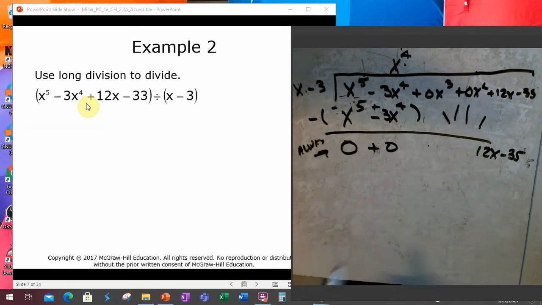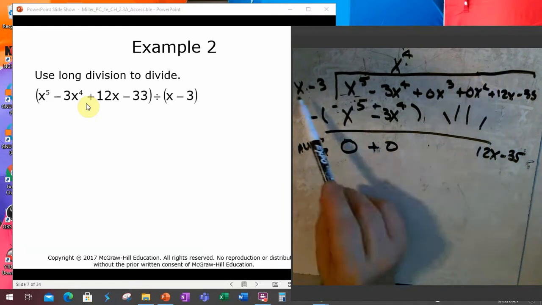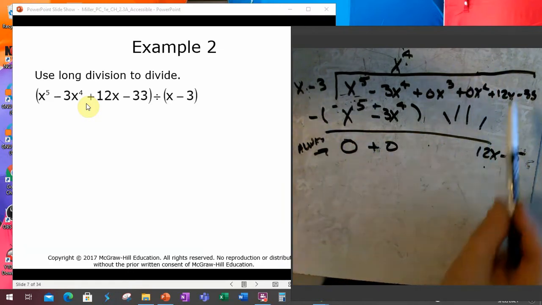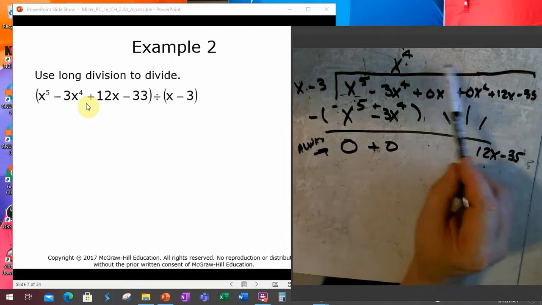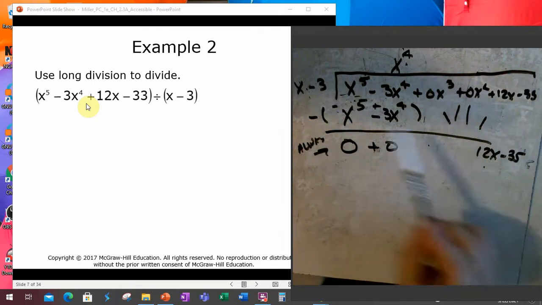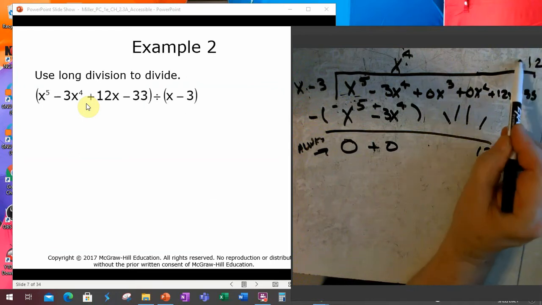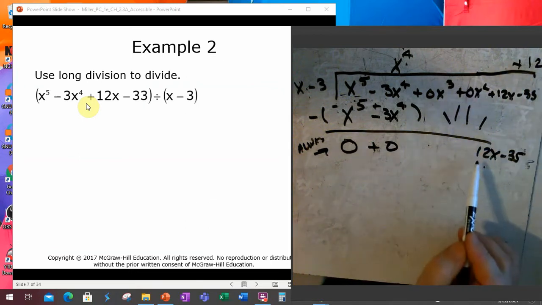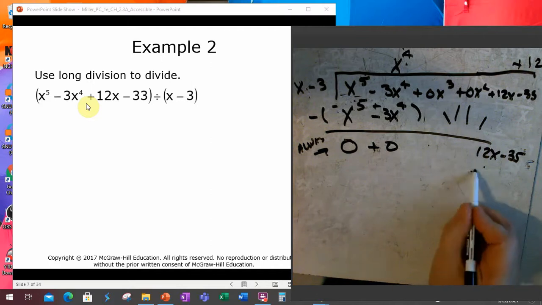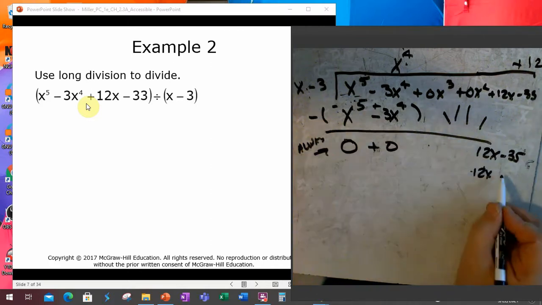So now I still do the very same thing. I want to multiply something times x to give me 12x. I line them up over here, so I need to multiply times 12. This needs to be right above that number: plus 12, because I need plus 12x here. 12 times negative 3 is minus 36.